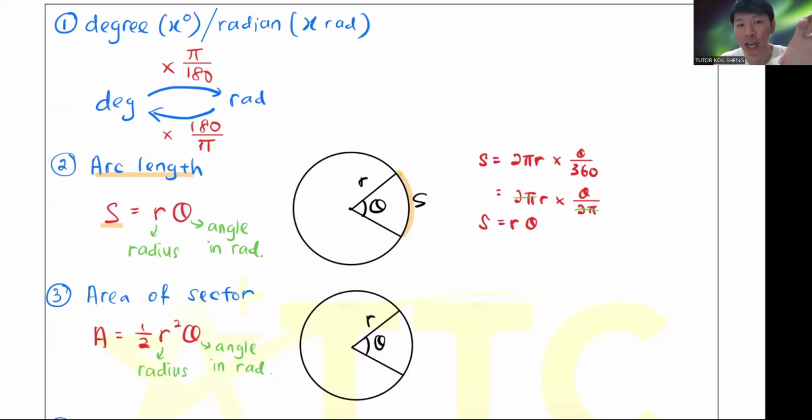Okay, of course, if you follow the textbook, before this step, actually got one more step before. That is the arc length divided by the angle theta equals to circumference divided by 360. This is actually the first step showing you in the textbook.